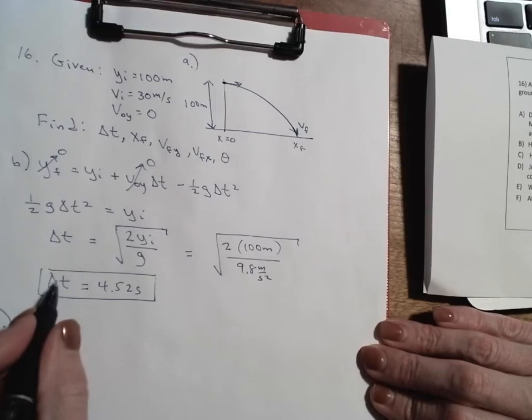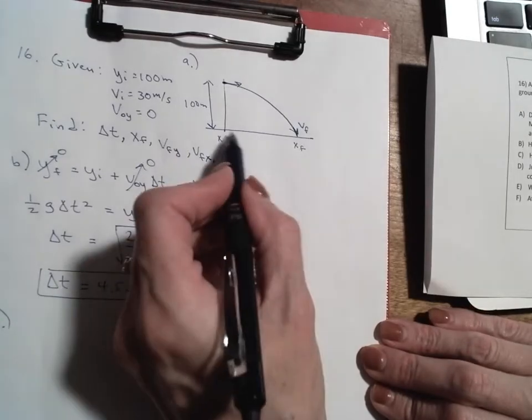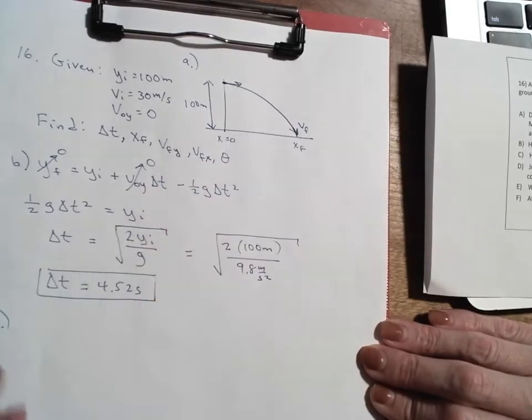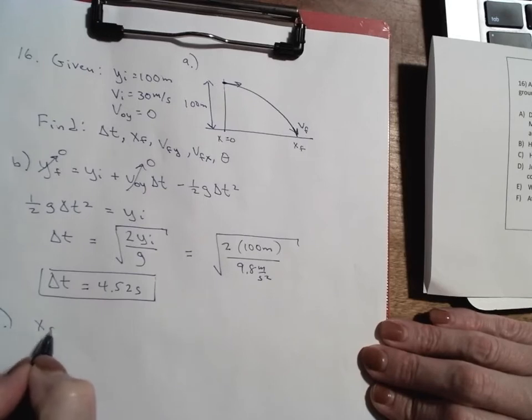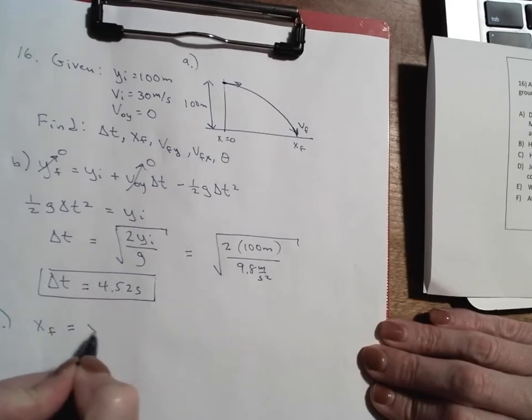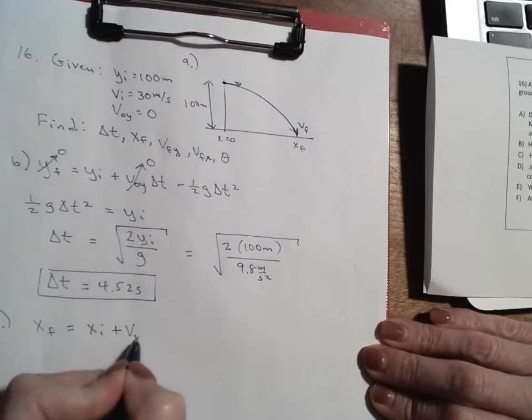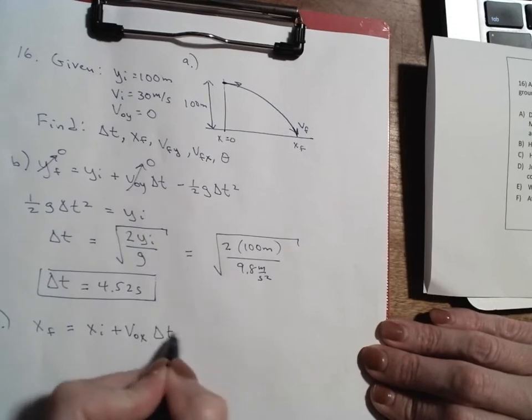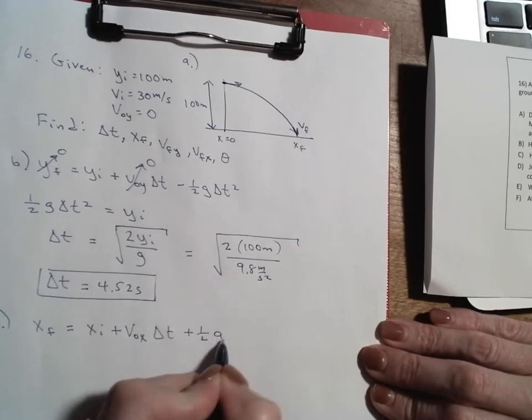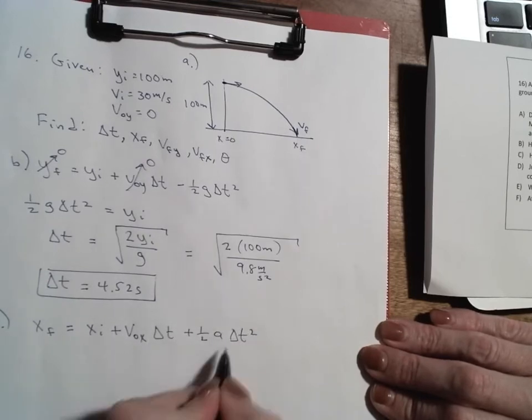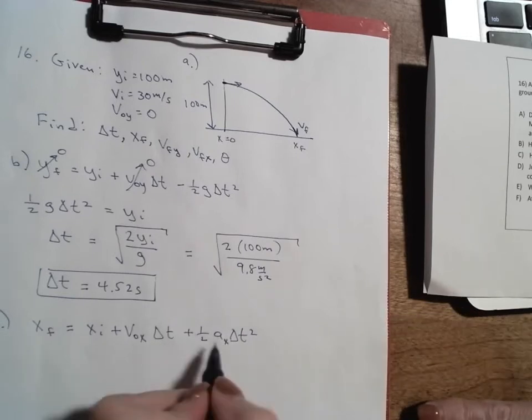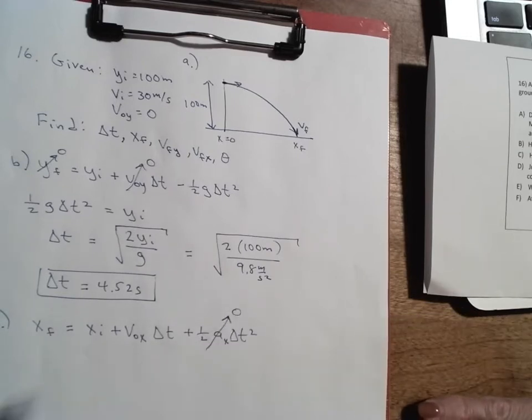So since I have my delta t and how far it lands is this distance, I'm looking for x final. So I'm going to use the other kinematic equation for x. X final equals x initial plus v naught x delta t plus 1/2 a delta t squared. And the acceleration in the x direction, I know that's 0.